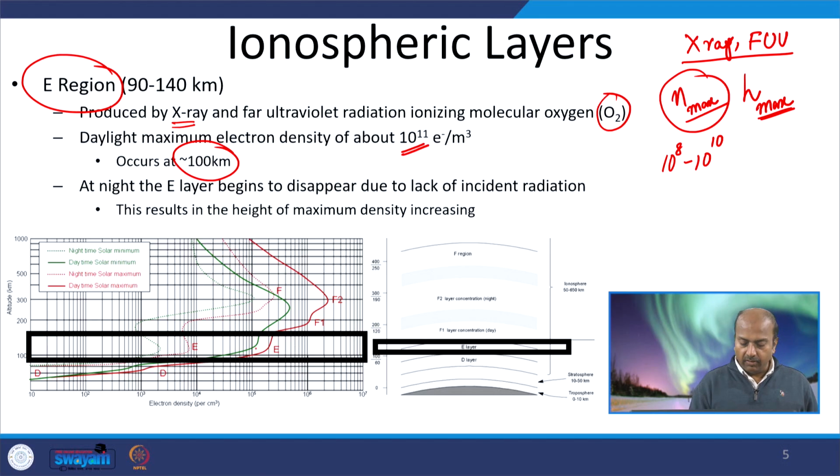So, daytime is given by the solid lines, and the nighttime is given by the dashed lines, right. So, daytime solar maximum is given by the red solid line, and nighttime solar maximum is given by the red dashed line. Okay. So, here you see D layer has completely disappeared.